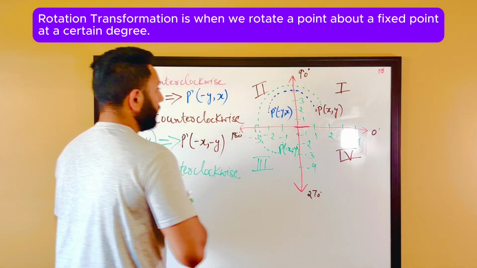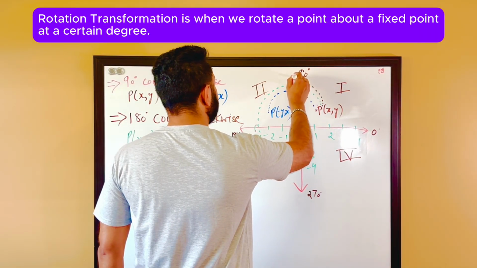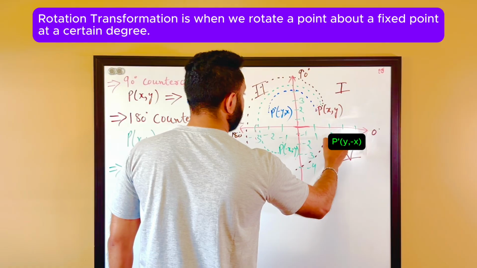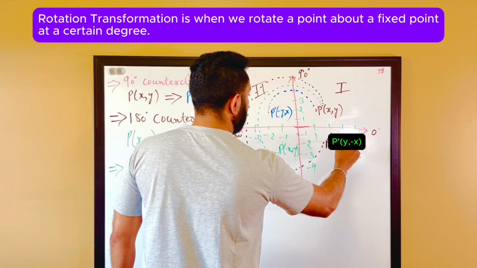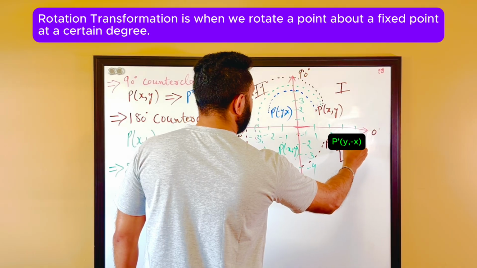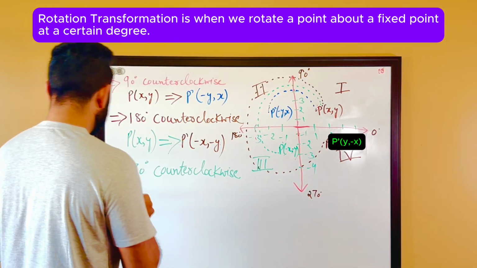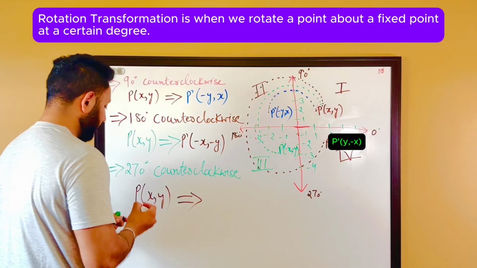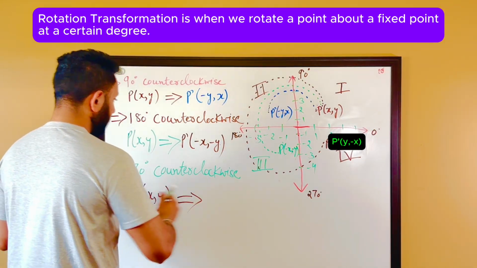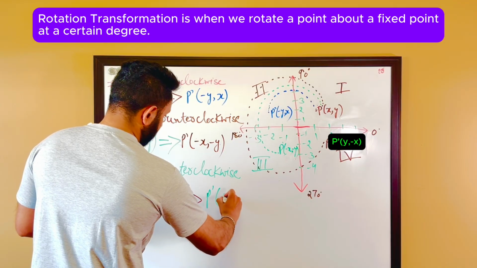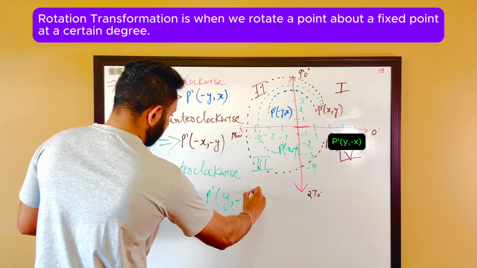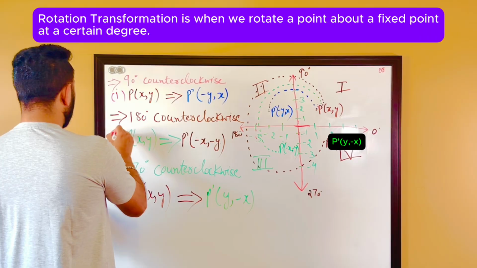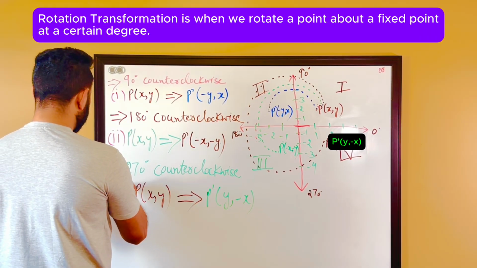So that means if we rotate a point 270-degree counterclockwise, the new point will be in the fourth quadrant, and the coordinates will be Y, minus X. So that means the new coordinates will be Y, minus X. So these are the three rules that we need to keep in mind before applying rotation transformation.